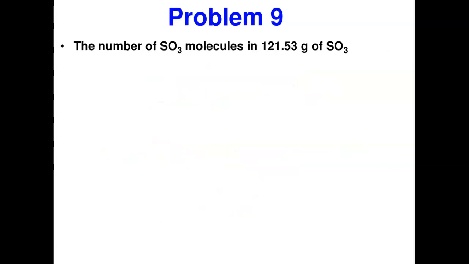You go to the next one. It says the number of SO3 molecules in 121 grams of sulfur trioxide. We're still continuing with that series of problems. We want to convert from grams of SO3 to molecules of SO3.